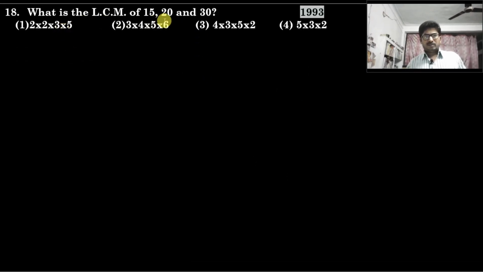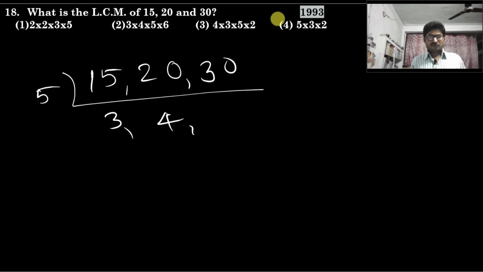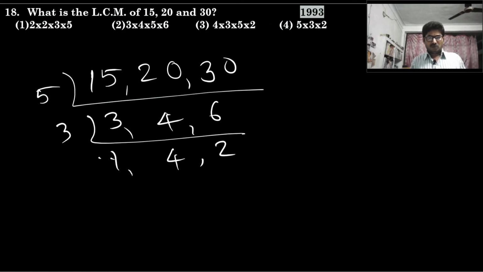What is the LCM of 15, 20 and 30? 5 3s are 15, 5 4s are 20, 5 6s are 30. 3 1s, bring down 4, 3 2s. 2 2s, 2 1s.